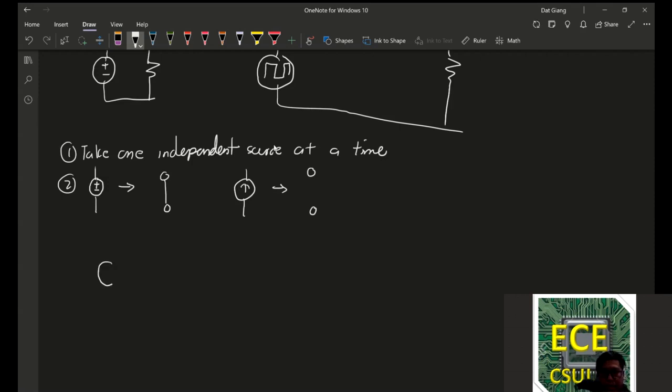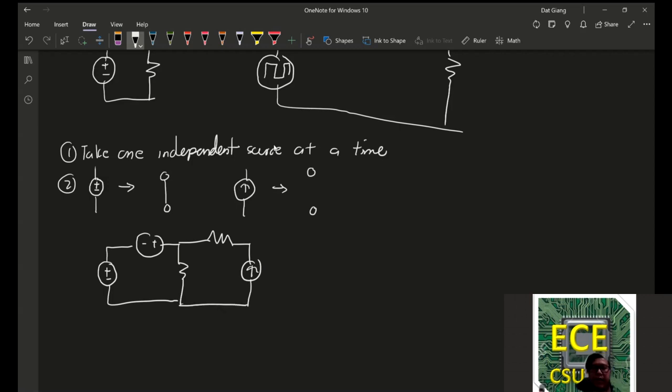So if you have a voltage source like so, and then you have another voltage source like so, a resistor here maybe, and then maybe you have a resistor and a current source, there are 3 superposition cases that we have to test: this one, this one, this one.